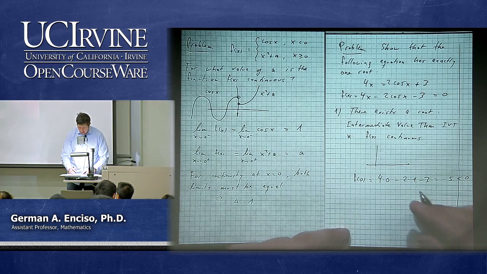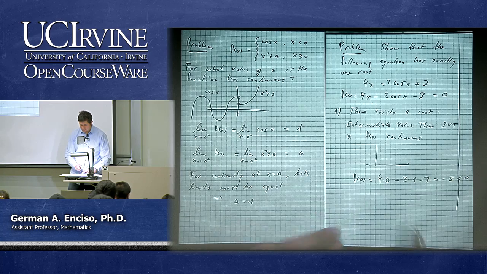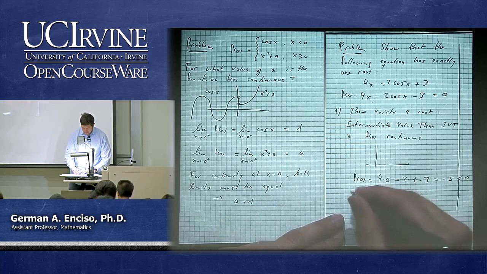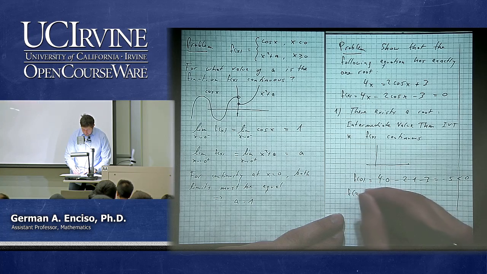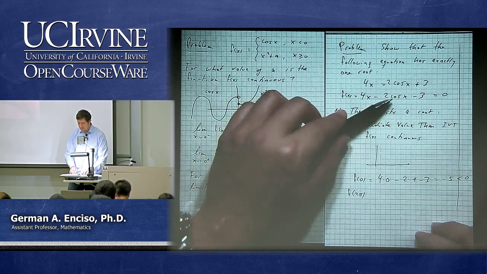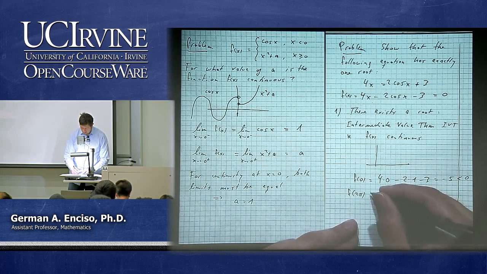Okay? Now, let's try and find a point where the function has a positive value. This is 4x minus 2 cosine x minus 3. You play around a little bit with this and say that I evaluate it at 2 pi. I want to make it easy for me because this is cosine of x. The cosine of 2 pi is 1, right?